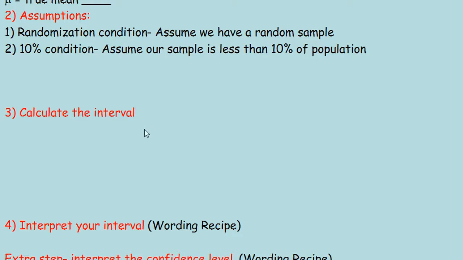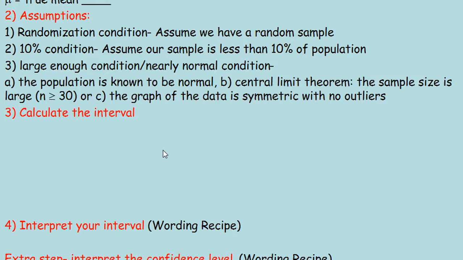So we're moving away from proportion. We're not going to do the n times p is at least 10, or the n times q. We're moving away from that. So here's how you're going to check the third condition for the large enough sample. You check it either because the problem says that the population is normal, so you would say that, or your sample is at least 30. If your sample size is at least 30, you can say the sample is large enough because of the central limit theorem.